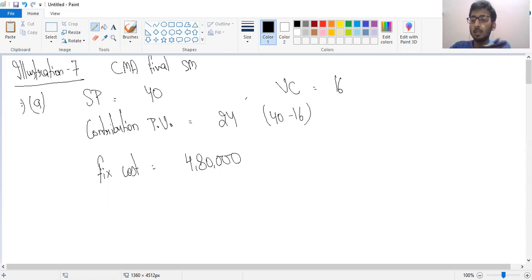In other words, whatever my sale is, 60% is other than break-even, and only 40% covers the break-even point. I hope you understood what I said. So 60% margin of safety means 60% of my total sale is other than break-even, and 40% is break-even. So let's calculate break-even sale first.